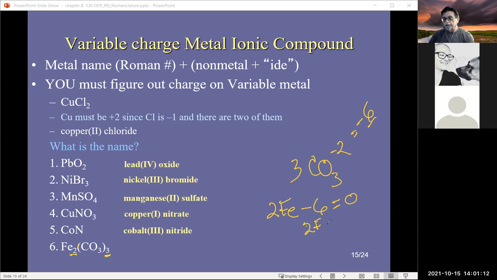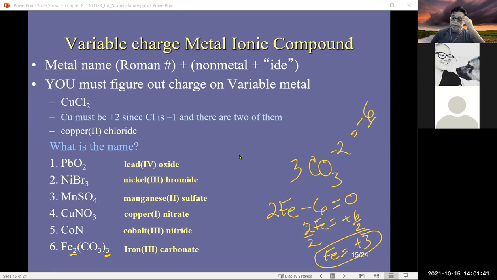I got 2Fe is equal to +6. Now I divide by 2, to get rid of that 2 and isolate iron. And so iron in this compound is in the +3 state. Okay, and so the name of this compound would be iron +3 carbonate.